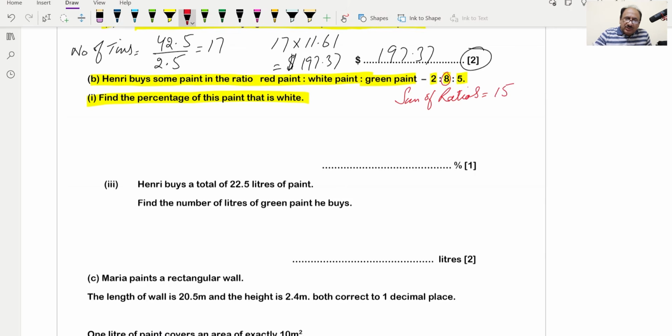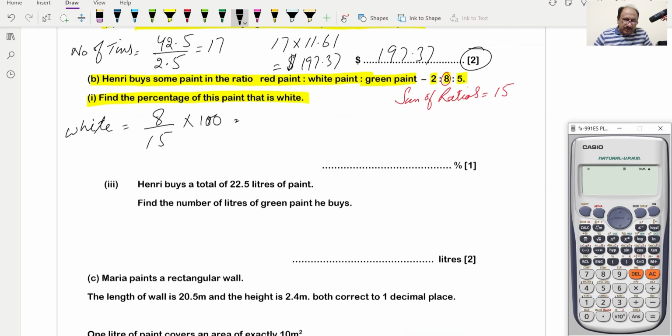So the white portion is 8 out of 15. 8 over 15 multiplied by 100, because we need the percentage value, is equal to 53.33 recurring.